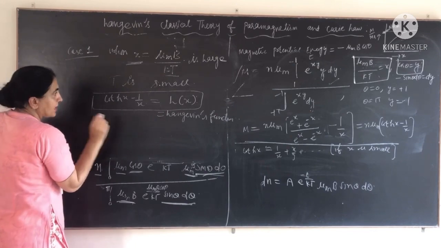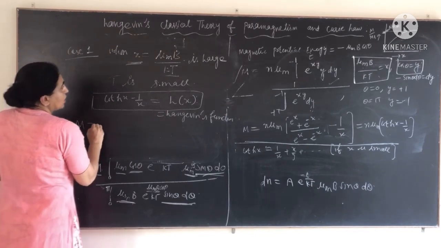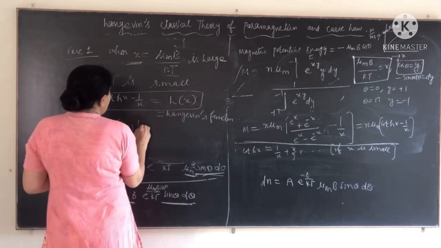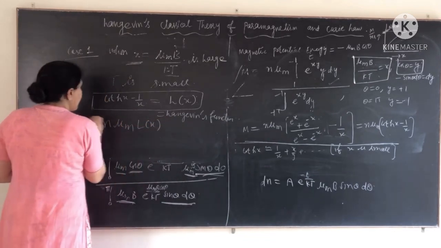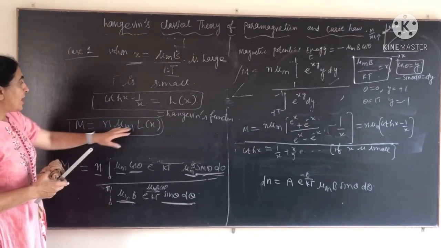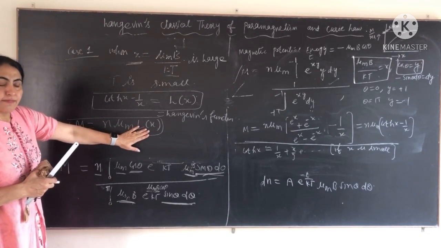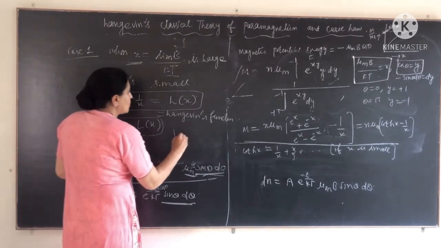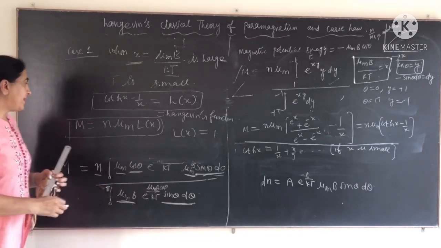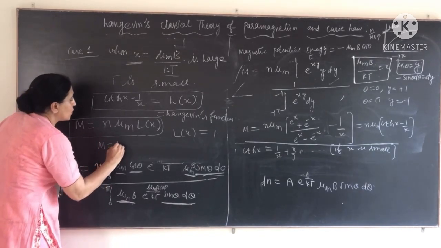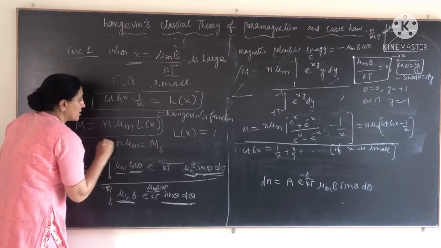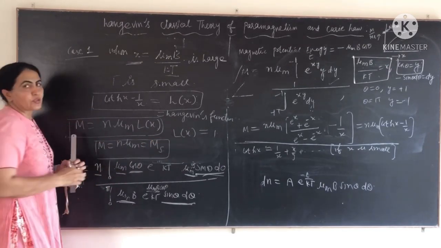So at that time, M is equal to N mu m into Lx. When Lx is 1, then M is equal to N mu m and is called Ms, magnetization at saturation.